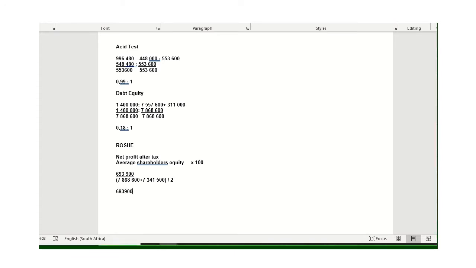So it's 693,900 divided by now this new total, which was 7,605,050, and that answer I must then just multiply by 100 to complete the formula.